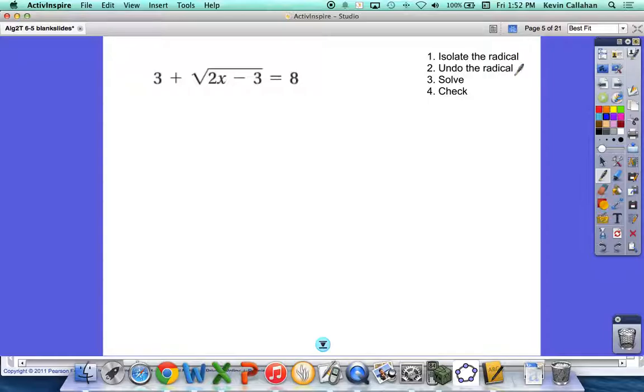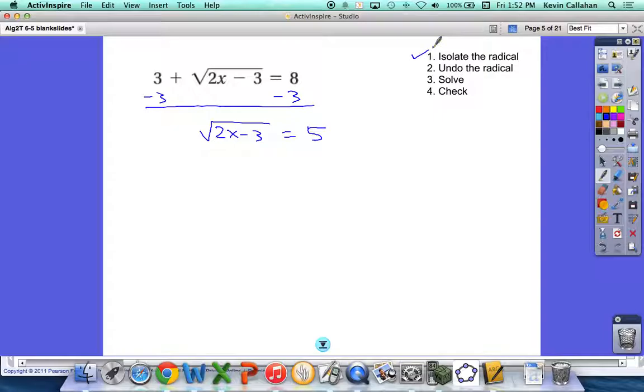What do I need to do to isolate this radical? Subtract 3. So now we've got the square root of 2x minus 3 equals 5. Okay, we've isolated the radical. Now we're going to undo it. It's a square root. How will we undo the square root?